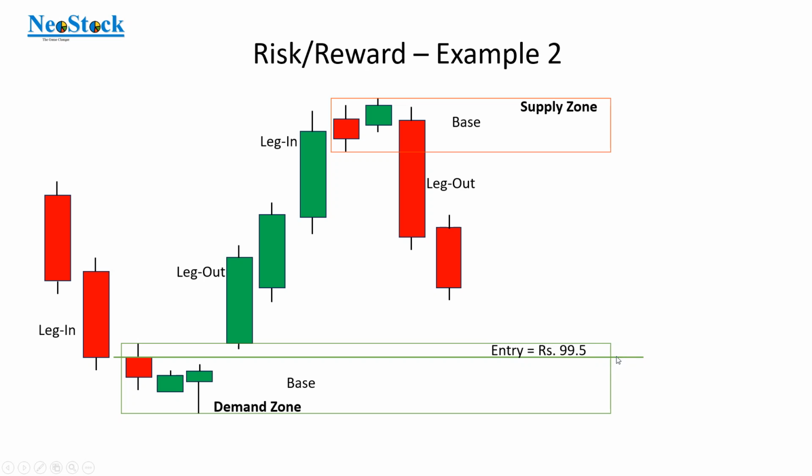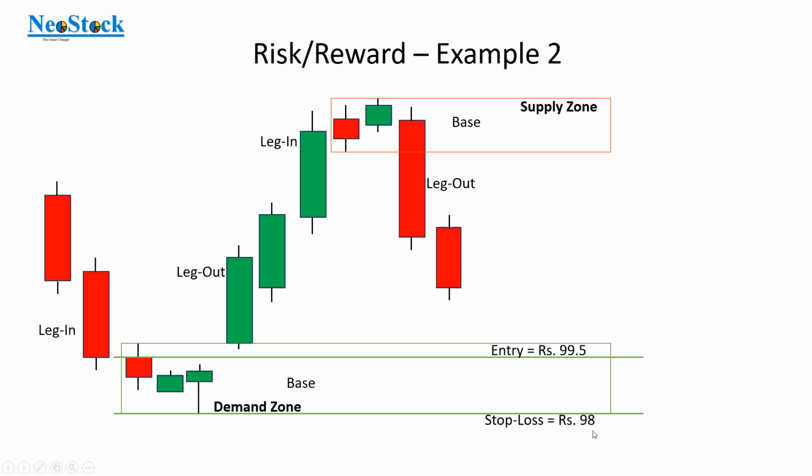Because the proximal line is changed, the entry is also changed. Assume at this level, the price is 99.5 rupees instead of 100 rupees. Because you changed this entry, your risk also will be changed. For that, you need to calculate by using entry and stop loss.